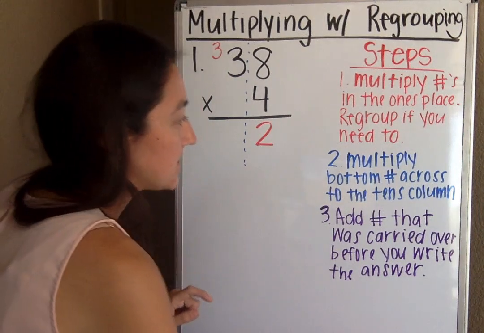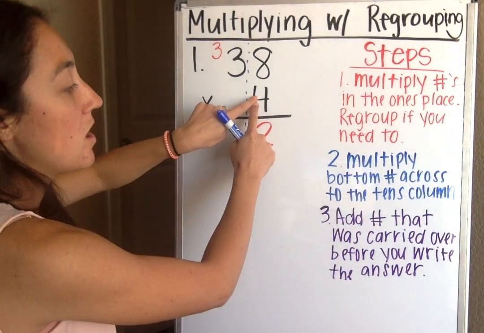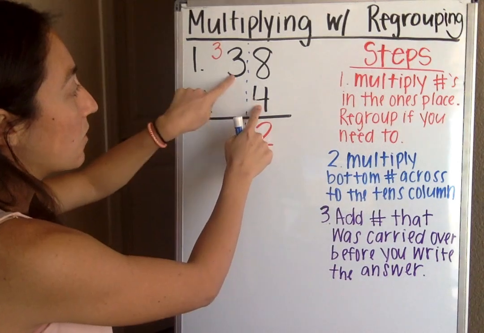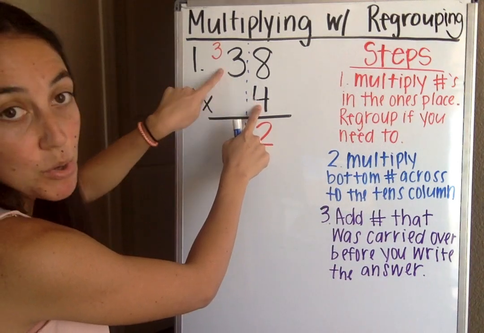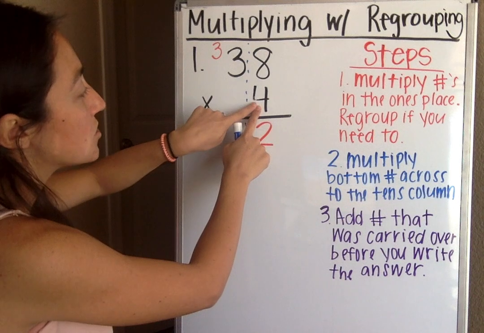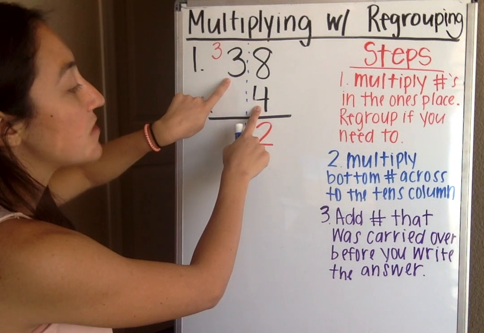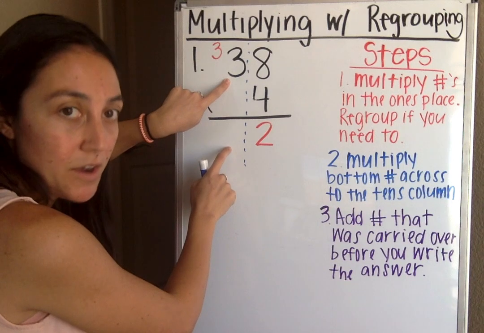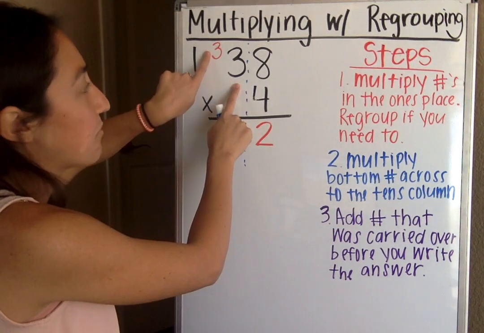The next step is to multiply the bottom number across to the tens column. So again, now we're going to multiply these 2 numbers, so you have to multiply across. So 4 times 3 is 12. But before I write the number 12 here, I need to add the 3 to that.